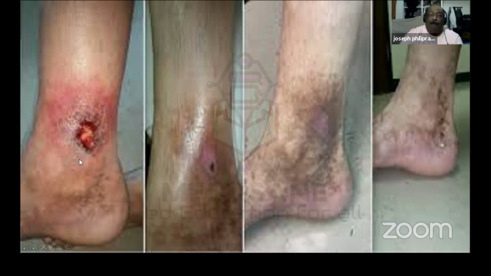This is the classical manifestation of a varicose ulcer or venous ulcer, usually seen just above the ankle joint in the leg, known as the gaiter area. The ulcer can heal and become shiny, leathery, with thin skin and all skin appendages disappearing, or the ulcer can recur. So these are all manifestations of long-standing chronic venous insufficiency.